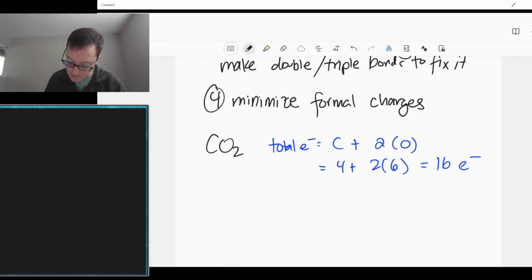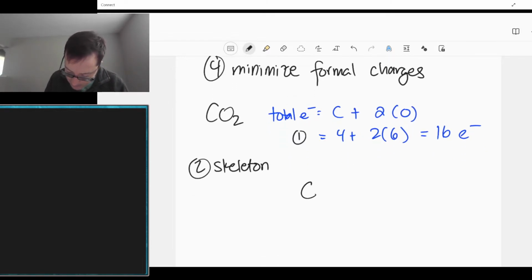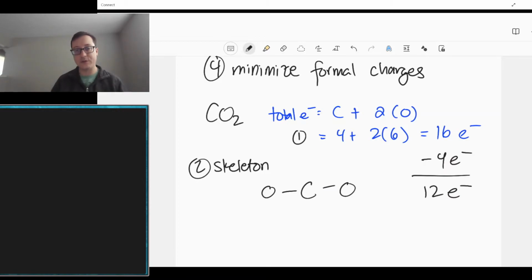So let's take a look at that. That was step 1. Step 2 is the skeleton. And so we draw our central atom, our outer atoms, and a single bond in between them. All right. So drawing those 2 single bonds will take up 4 electrons. So we have 12 electrons left.